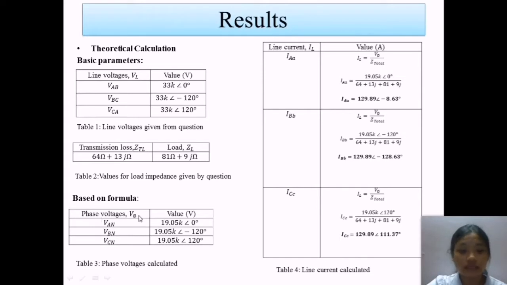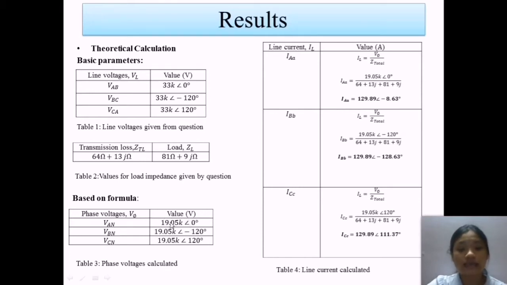For the phase voltage, I use the formula V phase equal to VL divided by square root of 3. That means 33k divided by square root of 3, and I get VAN of 19.05k, the same magnitude for all phases but with different angles.